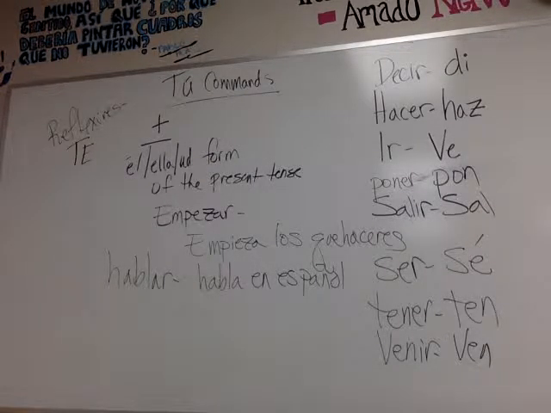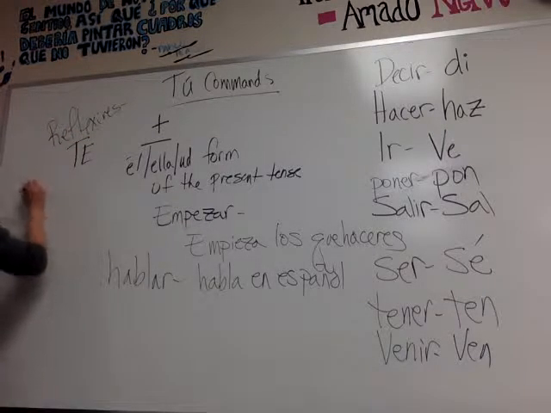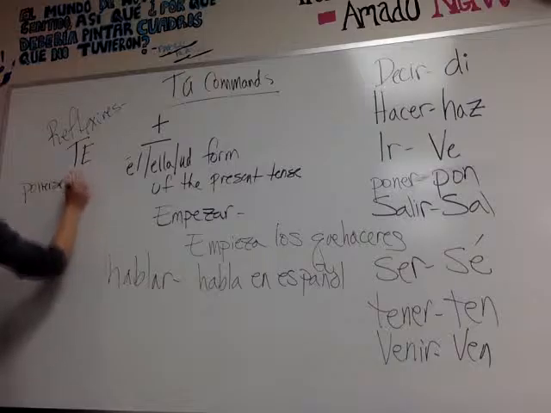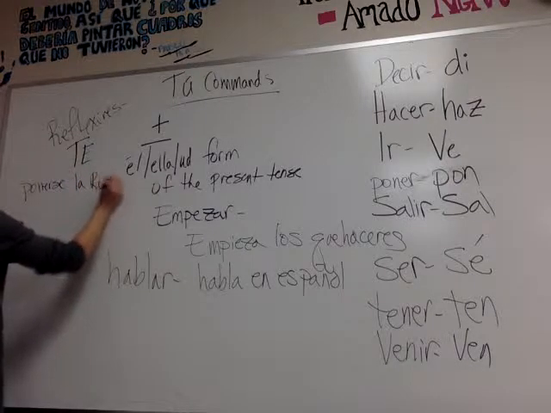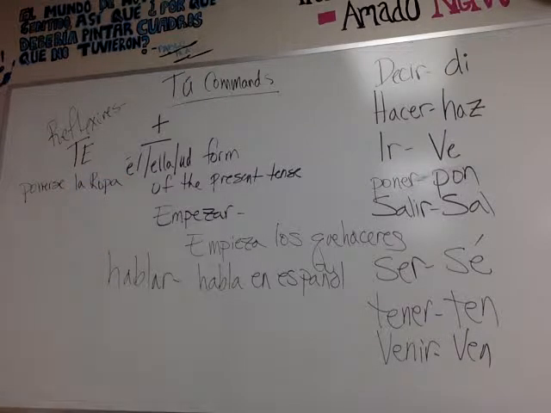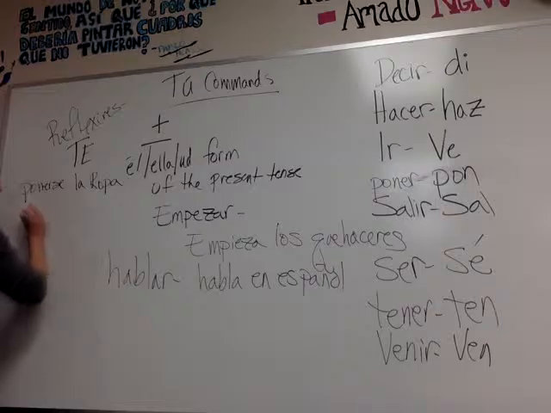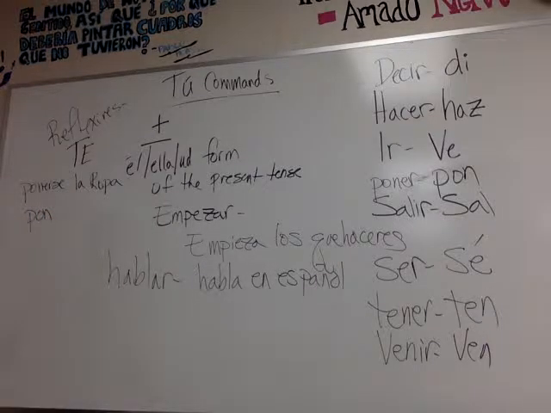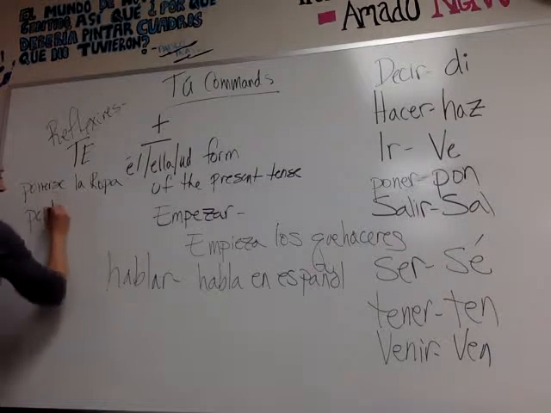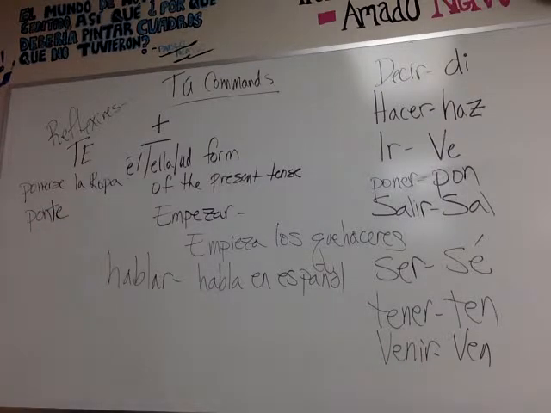It attaches to the end of the command. So a verb, I'm going to use an irregular. Ponerse la ropa. What does ponerse la ropa mean? Put on your clothes. This is something that I'm screaming at my kids in the morning, right? Put on your clothes, get dressed. The command in Spanish would sound like this. Poner becomes pon, and then what is the pronoun? Te. Ponte. Ponte la ropa.